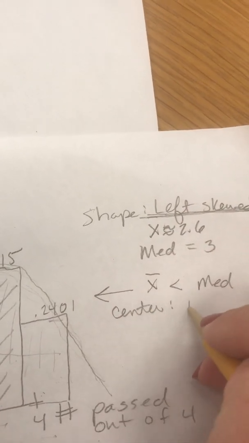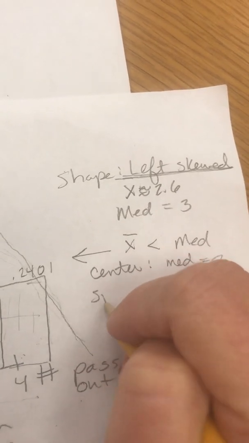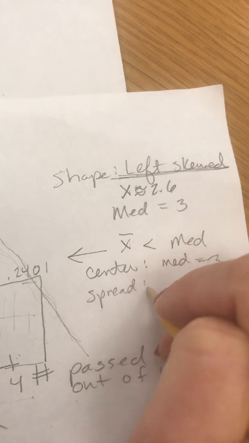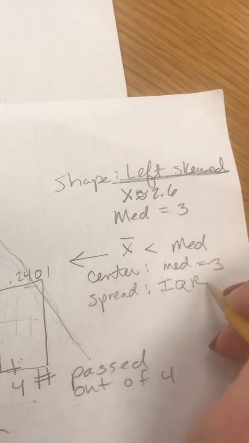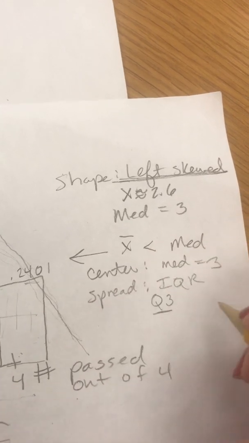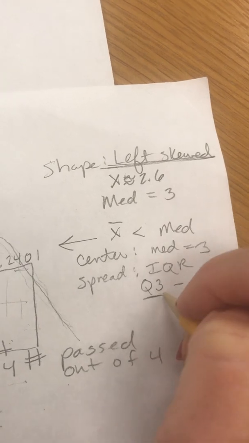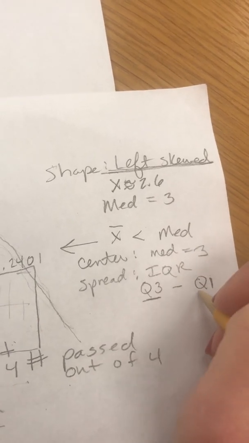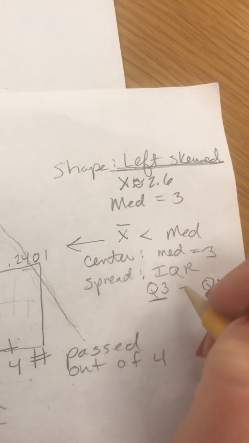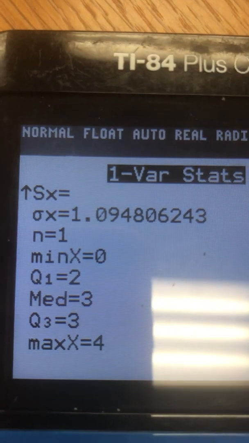So left skewed is my shape. For skewness, I'm going to record my center with the median. I'm going to record my spread with the interquartile range, which I need Q3, the third quartile or the 75th percentile, and take the difference between the third quartile and the first quartile, the 25th percentile. On the calculator, I see that Q3 is 3, Q1 is 2, so the difference between those is 1.